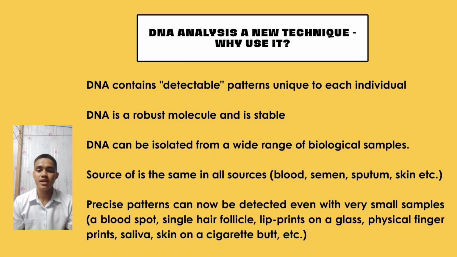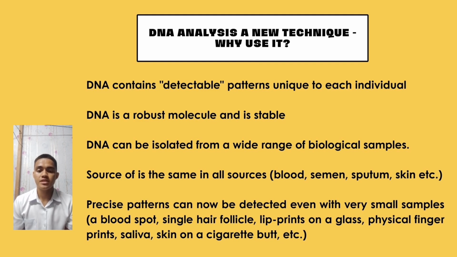DNA analysis, a new technique. Why do we use it? DNA contains detectable patterns unique to each individual. DNA is a robust and stable molecule. DNA can be isolated from a wide range of biological samples.